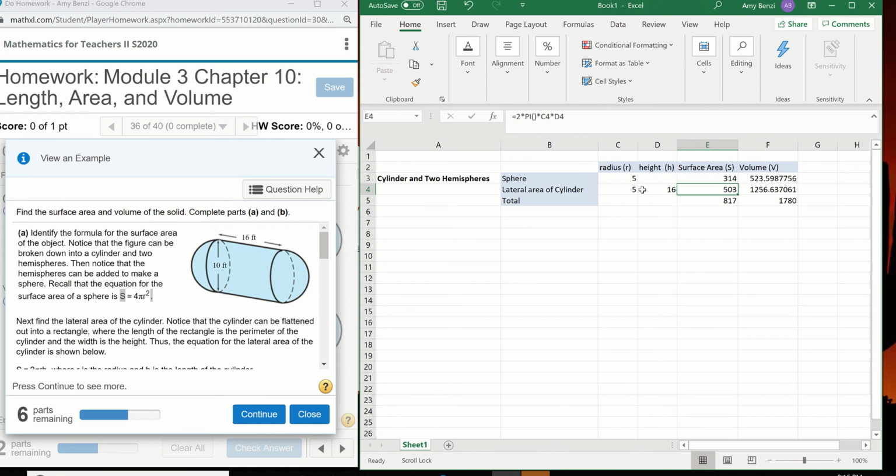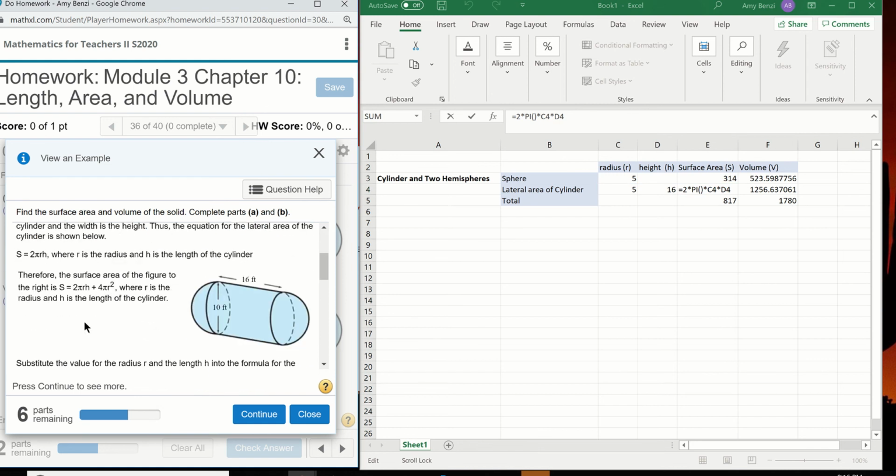And then for the cylinder formula, over here you can see I had 2 times pi, which matches what I have over here, 2 times pi times the radius, cell referenced again, and then times the height. If you don't know what cell referencing is, this is column C, row 4, column D, row 4; I've just either typed those in or clicked on them.